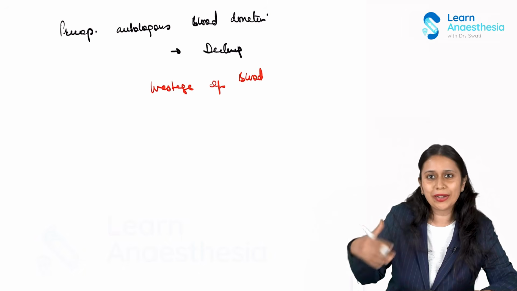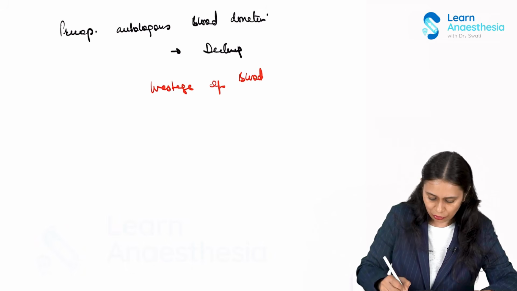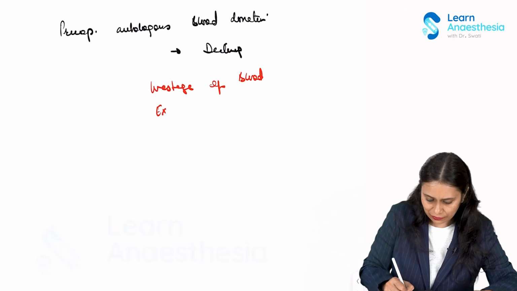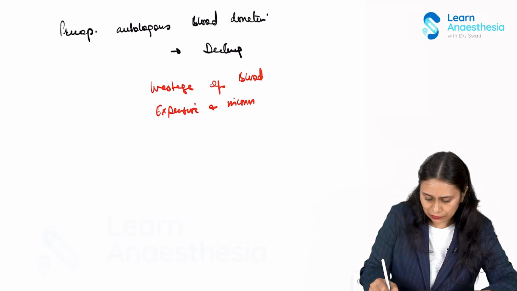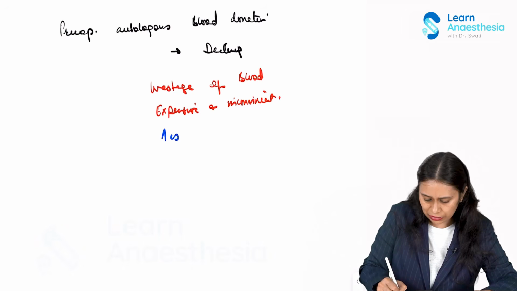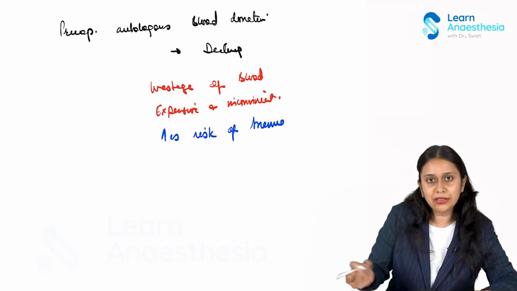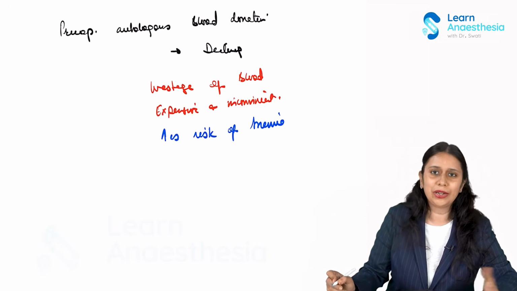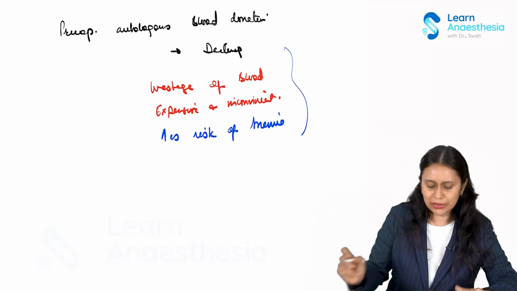All this requires a lot of cost, so it is expensive and inconvenient. Now this increases the risk of anemia in the patient, and because of this anemia, it increases the risk of blood transfusion in the patient. So slowly it is declining.